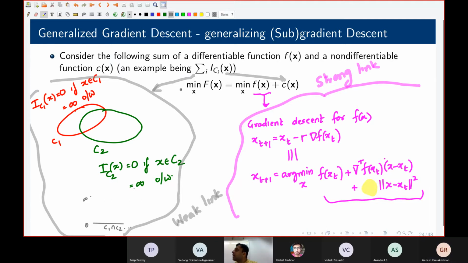Sorry, 1 by 2 gamma. So that's a suggestion, 1 by 2 gamma.